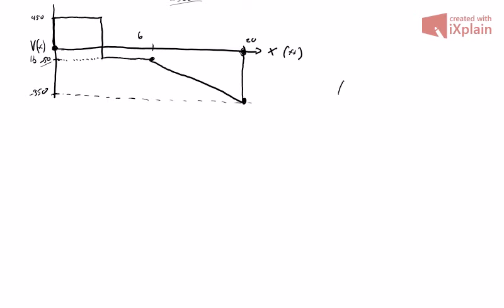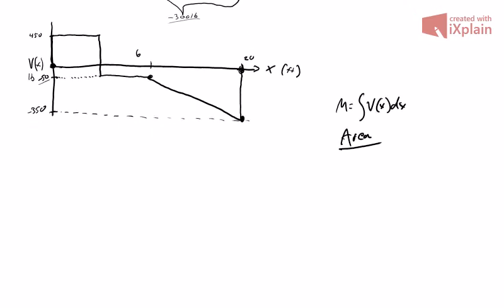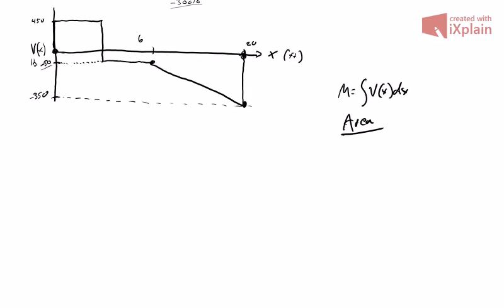So remember, moment equals the integral of shear. So again, we're doing our moment by solving for area. So our first area, our little rectangle here, is 3 feet across, 450 pounds tall.